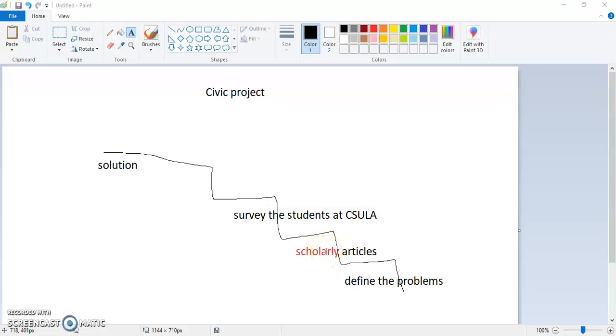So in understanding the problem, you should look for scholarly articles, understand the problem in more depth, understand again where it's coming from and what possible solutions there may be, and then survey people in your community or the students at Cal State LA to understand what their problems are, what their standing is on the problem.